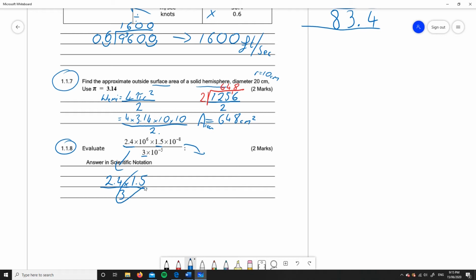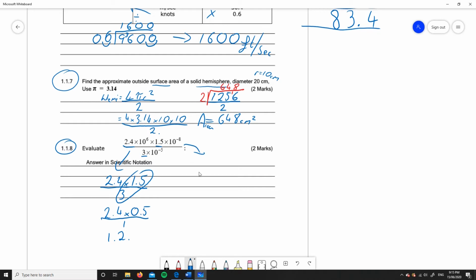If I look at that one there, if I divide that by 3, I'll have 2.4 times 0.5 over 1, which essentially is going to be 1.2.